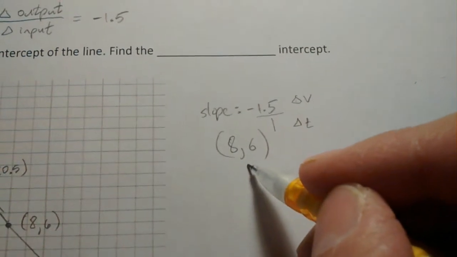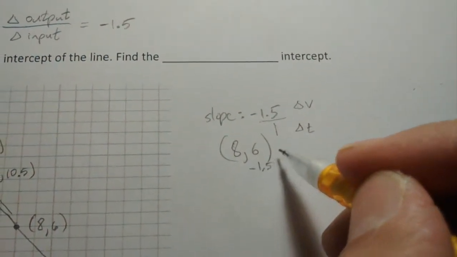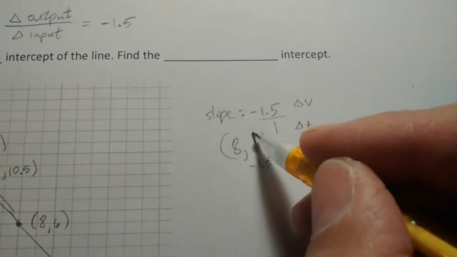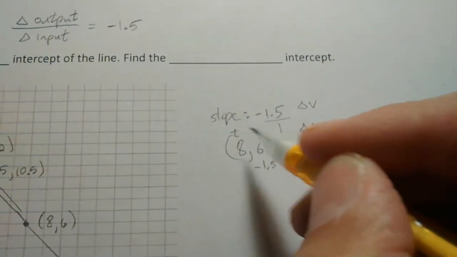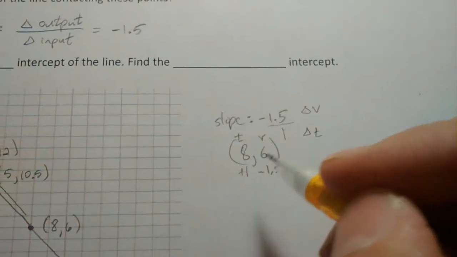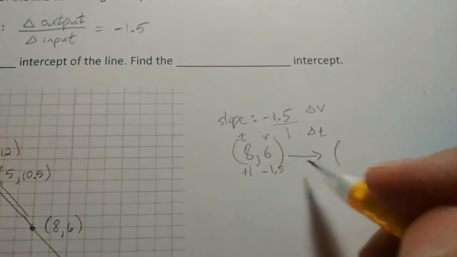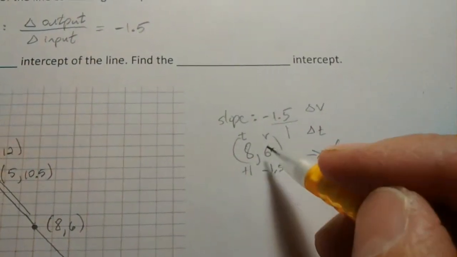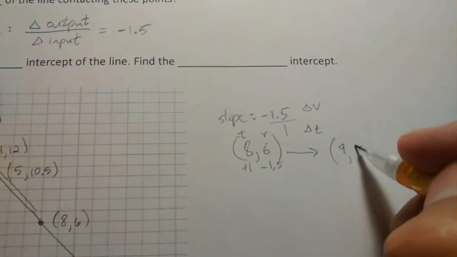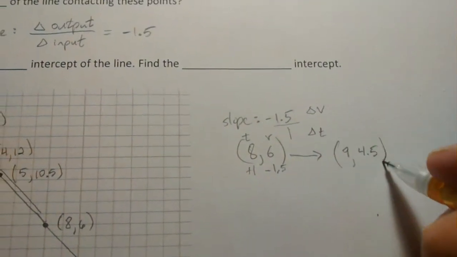So I'll do this mathematically here. We're going to subtract 1.5, that change, to that V value as the T value increases by 1. So we have that arithmetic to do. The input increases by 1, bumps up to 9. That's going to go down by 1.5, to 4.5.